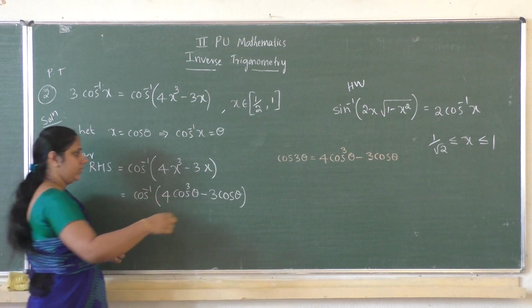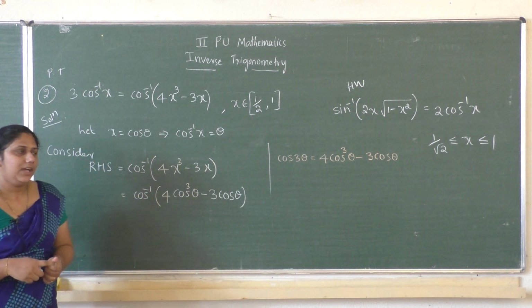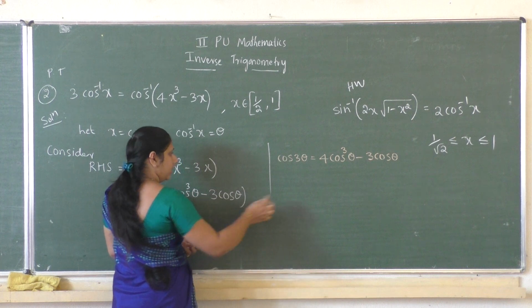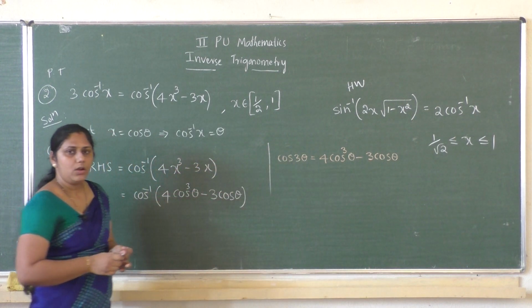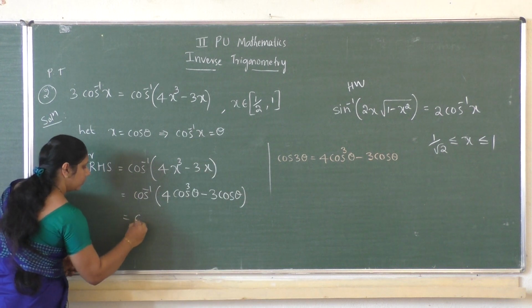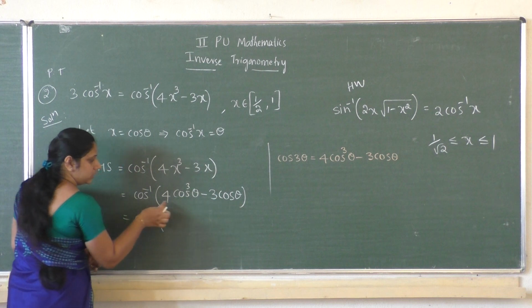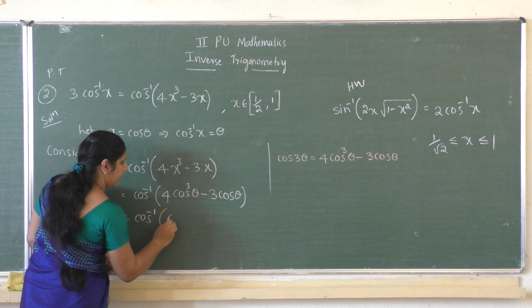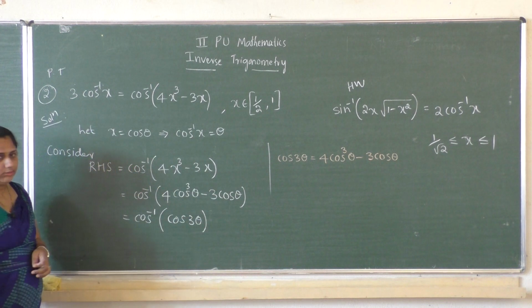Now see, we have the formula cos 3 theta as 4 cos cube theta minus 3 cos theta. We have this term, so in the place of this term we can write cos 3 theta. So it is equal to cos inverse of cos 3 theta.